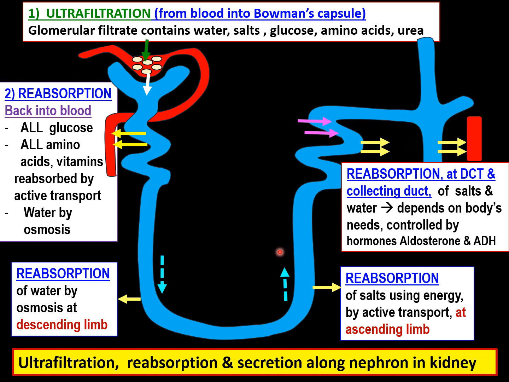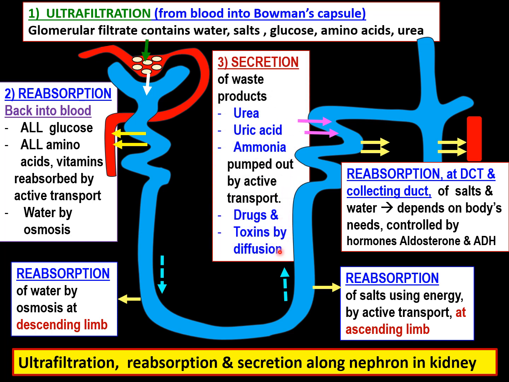Now the third process that leads to the formation of urine is secretion. Secretion is the movement of waste products like urea from the blood into the nephron. So the direction of movement of substances is the same as ultrafiltration, from blood into nephron.